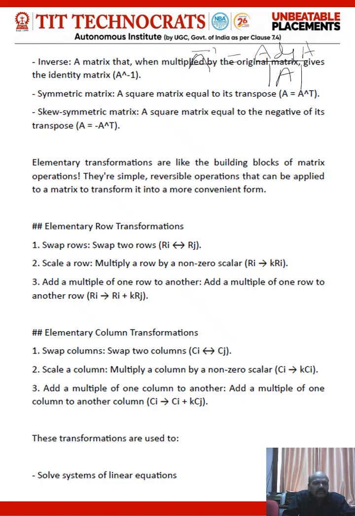Now, some special types of matrix are symmetric matrix: a square matrix equal to its transpose is called a symmetric matrix. And there is a skew symmetric matrix: a square matrix equal to the negative of its transpose is known as a skew symmetric matrix.